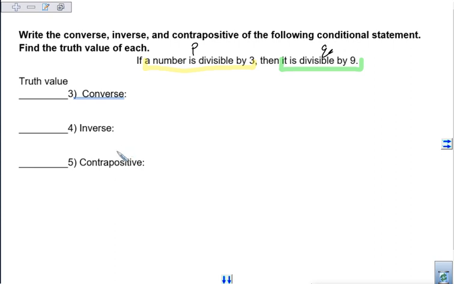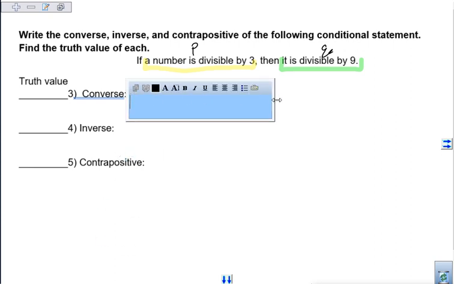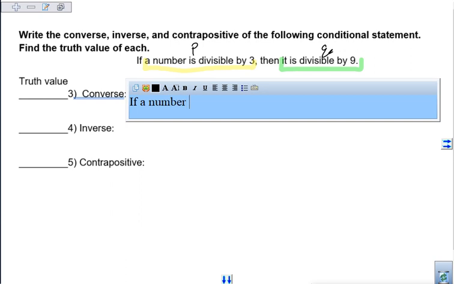Now we need to write our converse. Remember that our converse flips our hypothesis and conclusion. So we would have if a number is divisible by 9, then it is divisible by 3.